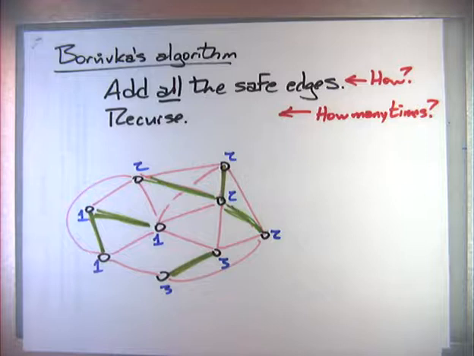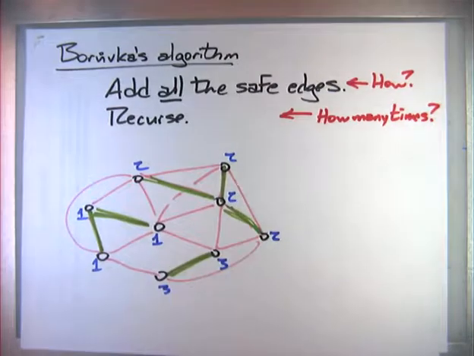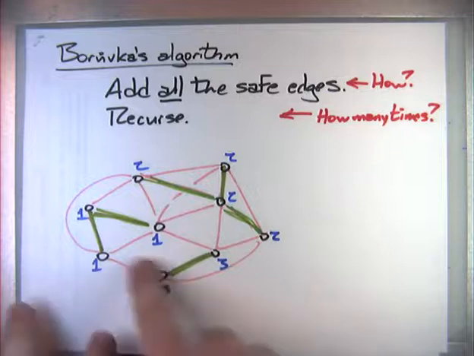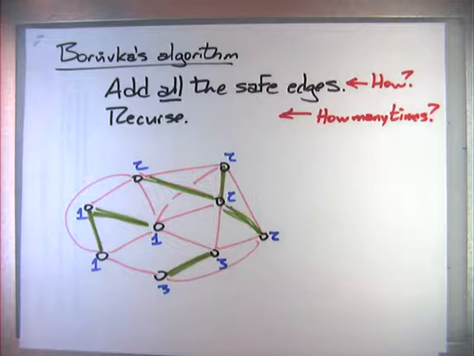And I'm going to label all the vertices in component 2 with a 2. And I'm going to label all the vertices in component 3 with a 3. And now when I look at an edge, say this edge here in the middle, I look at its endpoints and say, oh, you're in component 1 and you're in component 2. Maybe this is the safe edge for component 1. Maybe this is the safe edge for component 2. As opposed to this edge, where I say, oh, you're in component 1 and you're in component 1. Ah, this is useless. Throw it away.